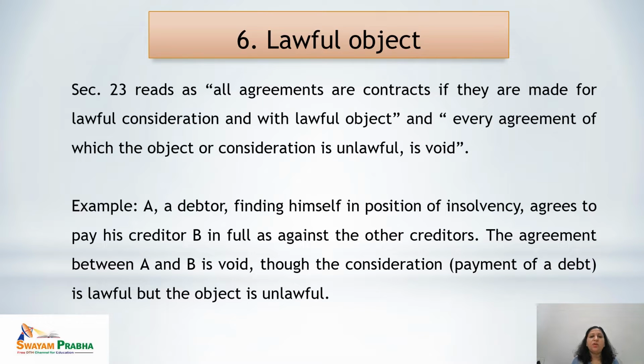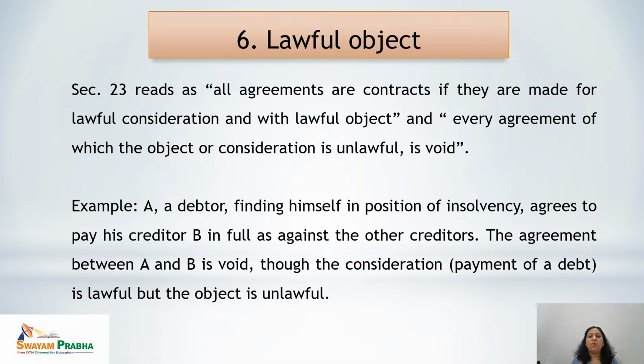Means for any contract where the object of contract is not lawful, that contract is void contract. Here the void we have already discussed, that is which is not enforceable at law.